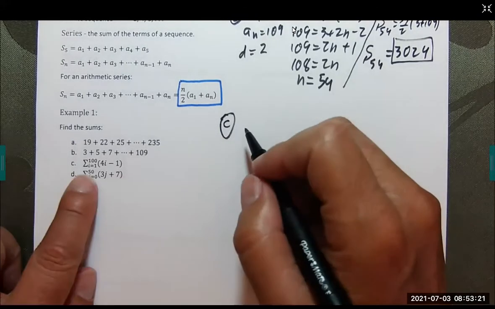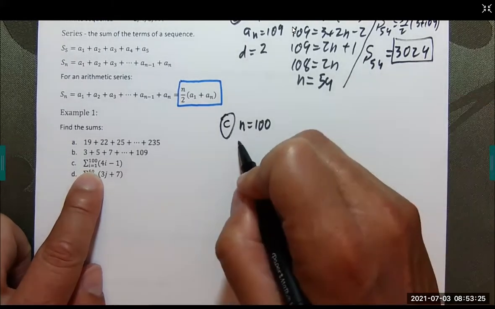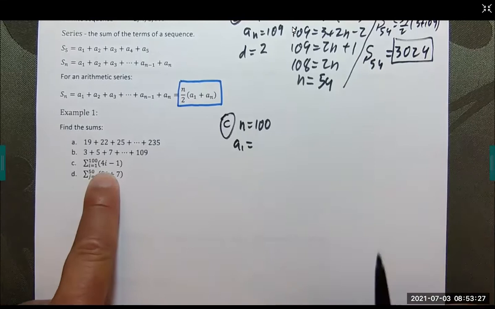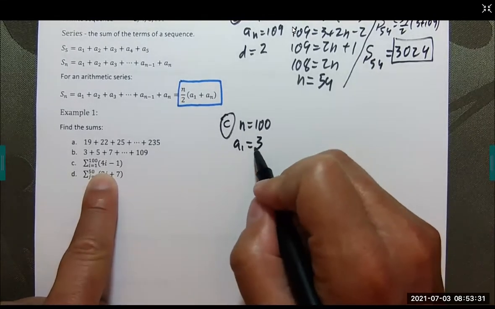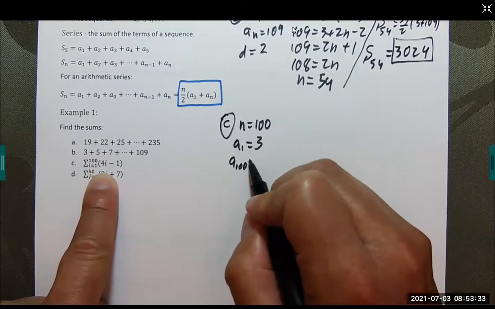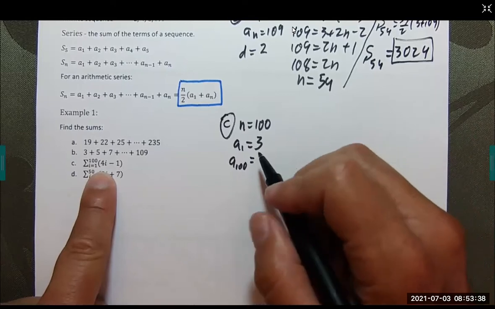C, they give us n. They tell us that n is 100. A sub 1 we can figure out. If I plug in a 1 for the i there, 1 times 4 is 4. 4 minus 1 is 3. In the last term, I can plug in the 100. That's 400 minus 1. That's 399.